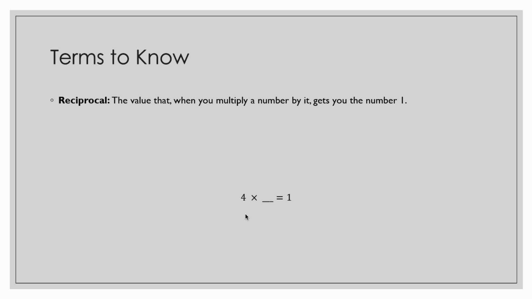Well, you look at it. 4 is greater than 1, so you'll have to multiply it by something that's less than 1 to get it to be less. So we need to multiply this by a fraction. But what fraction do we multiply this by?